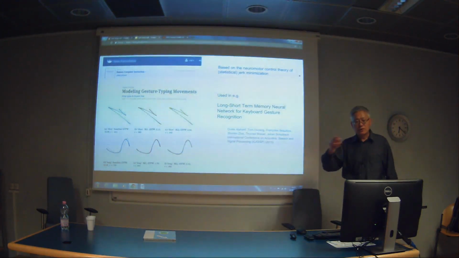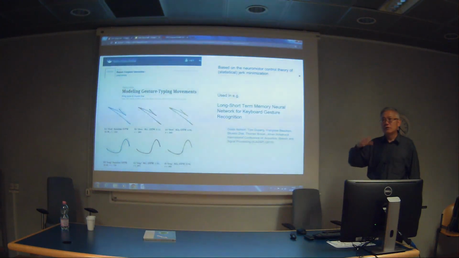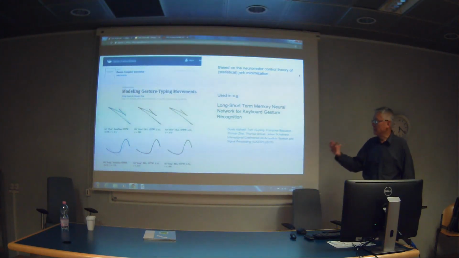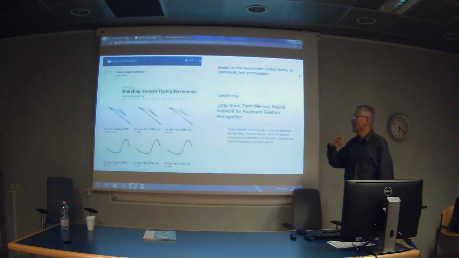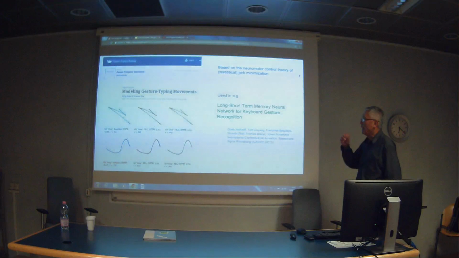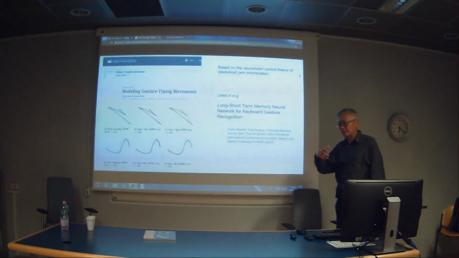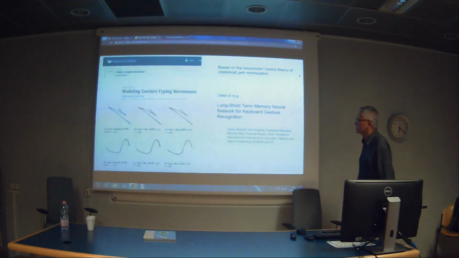That is, all things considered, the human is most likely making a movement that minimizes the third order derivative of the movement. The first being velocity, the second being acceleration, and the third being jerk. So it has an effect that it smooths the trajectory, but also minimizes energy expenditure.